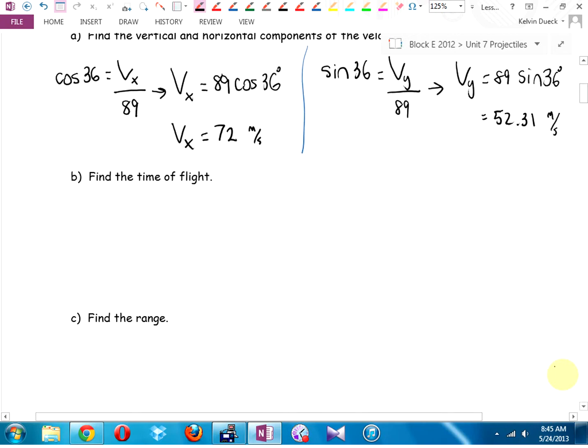What do they want me to find in part B? You know what? Now is the time to do our chart. I left you room over on the right-hand side. We got a big empty space. Now we're going to go horizontal, vertical. AX is 0. AY on the Earth is negative 9.8.